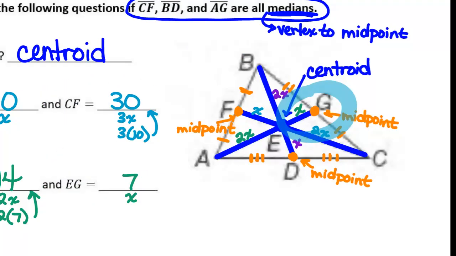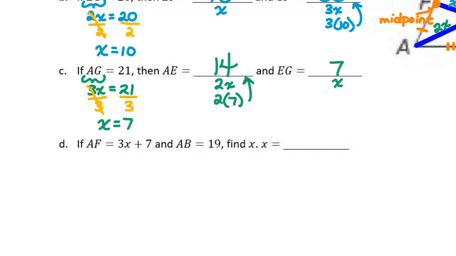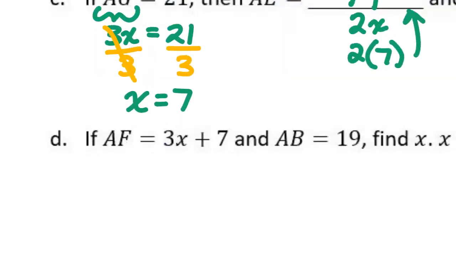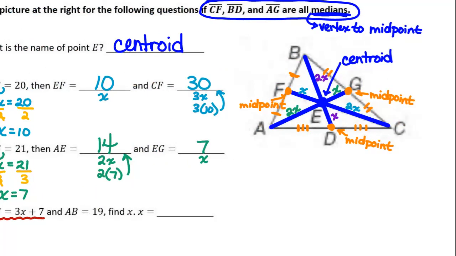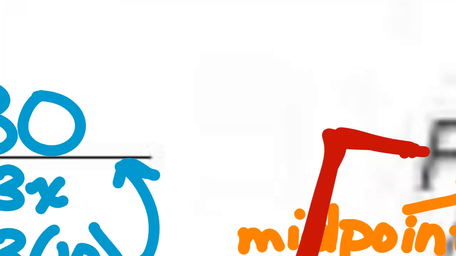All right, now the part that I was asked for, part D. It says that AF is 3x plus 7. I'm going to go over and look at my picture. From A to F, this distance right here is 3x plus 7.